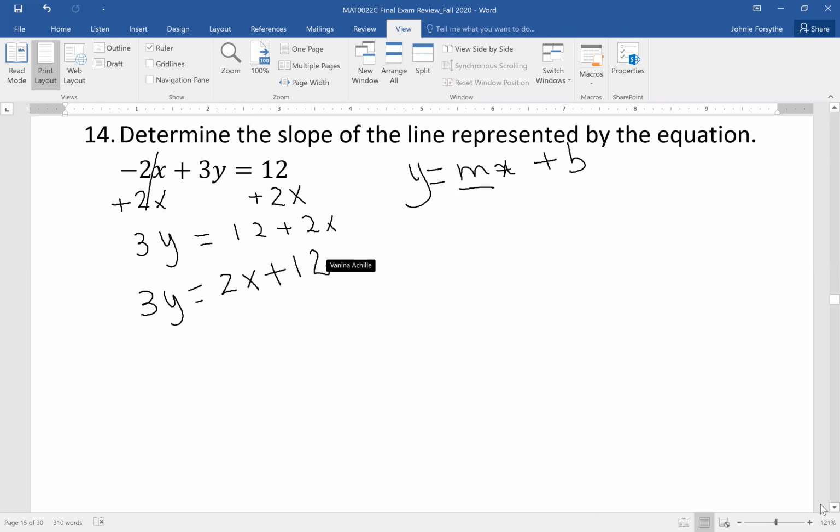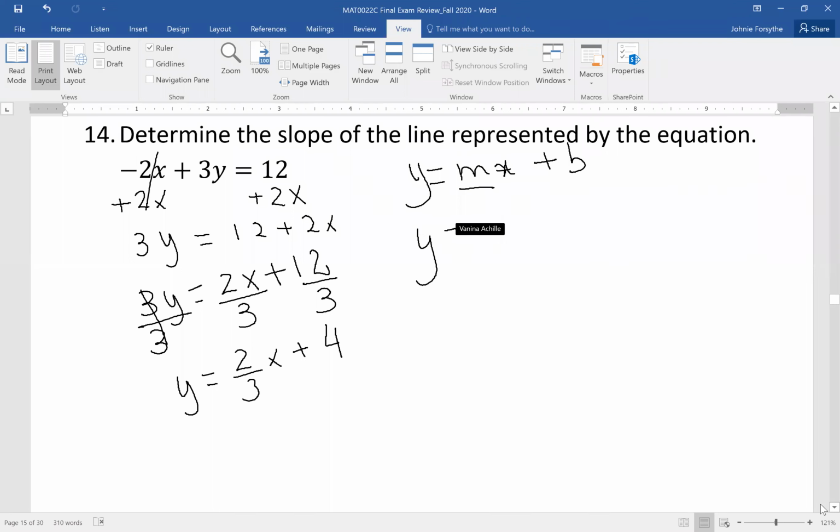Next step, I need this with the y by itself, just like here. I'm going to divide 3 everywhere to each term. So this cancels, y equals 2 over 3 x plus 12 over 3, which can be simplified to 4. I'm going to write it right here next to the form, so you can see how they look alike.